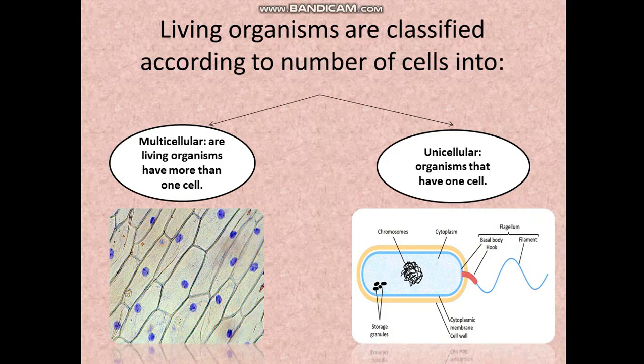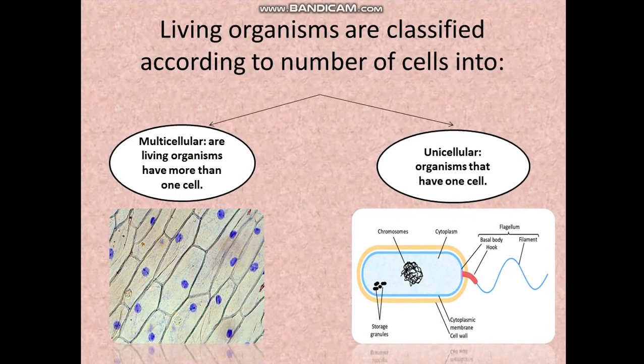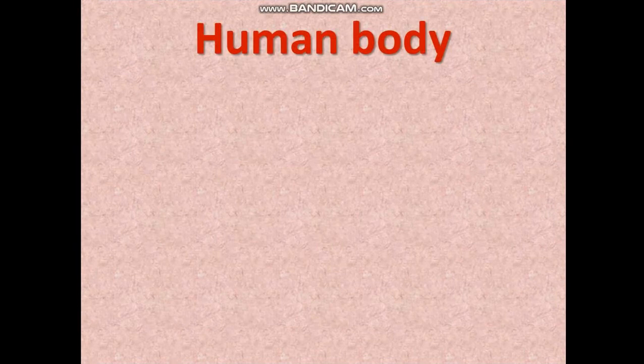As we know before, the human body is made up of cells, and a group of cells form tissues, and a group of tissues form what? Great, organs.